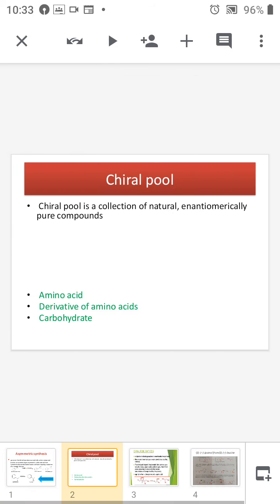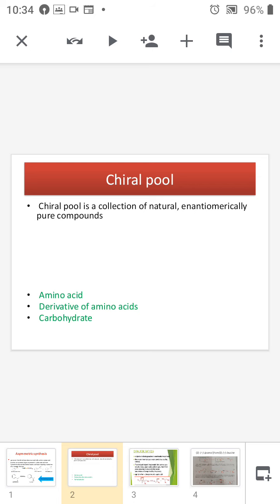Next we are moving into the chiral pool. It is very difficult to synthesize an optically pure compound from an optically inactive compound. So we synthesize an optically active compound from a naturally available optically pure compound.